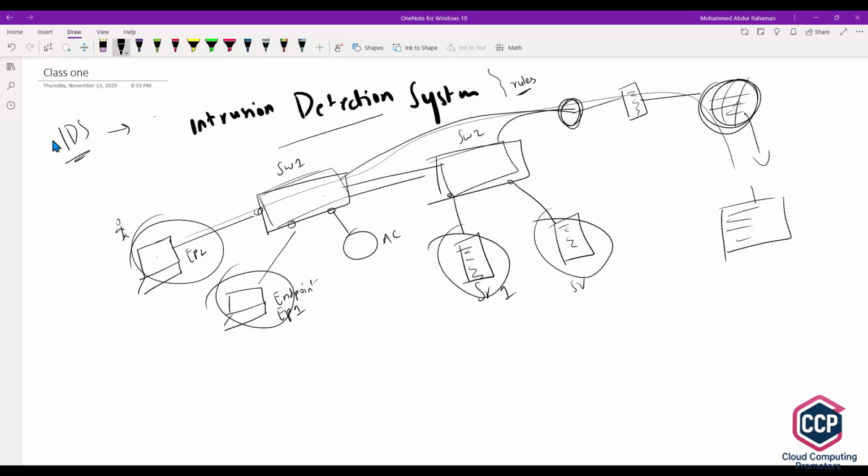So here there will be ports, like if it is IP1, IP2. What happens is, the person with IP1 is accessing this website. Or we'll take a general, traditional example: a person is accessing a server.